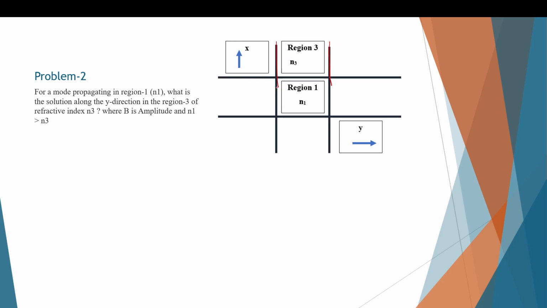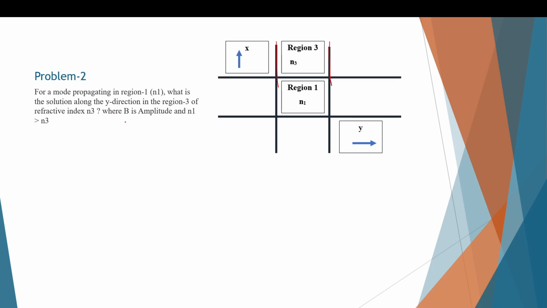Along the y direction, whatever is the solution in region 1 should be the same as in region 3, because along the y direction there is no boundary. The boundaries are along the x direction if we are considering the solution along y. So naturally in region 1, since we have a mode, there is an oscillating solution, and the same oscillating solution will be there in region 3 as well.